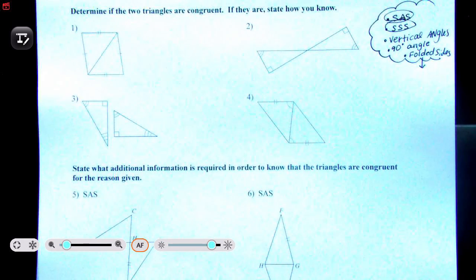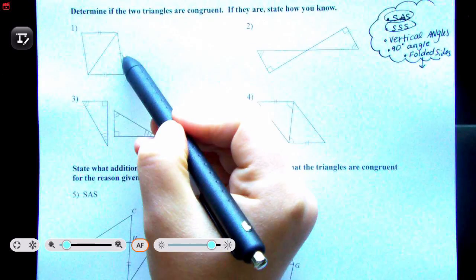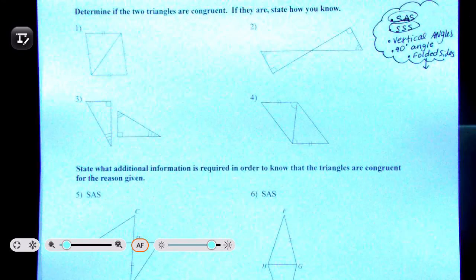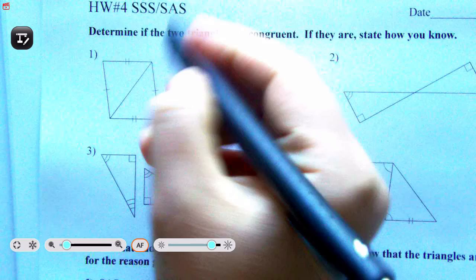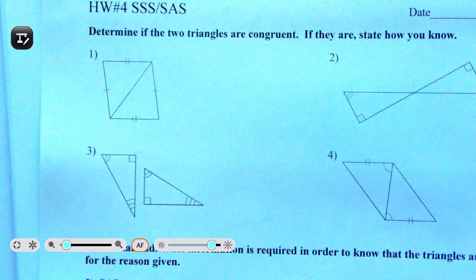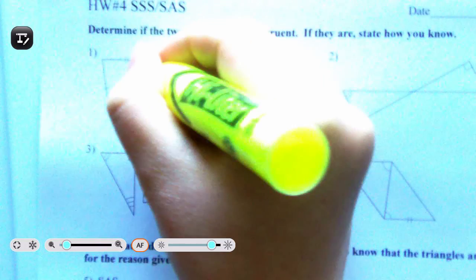Well, let's look here. I have a side. So I have one tick mark and one tick mark. Let me zoom in all the way so you guys can see this. So a side, do you notice how you have two triangles? You have one triangle here. And your second triangle is here. So you have one tick mark, two tick marks, two tick marks.